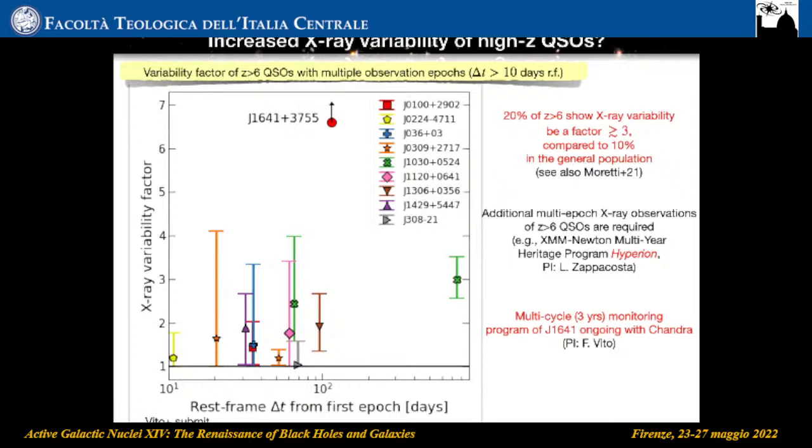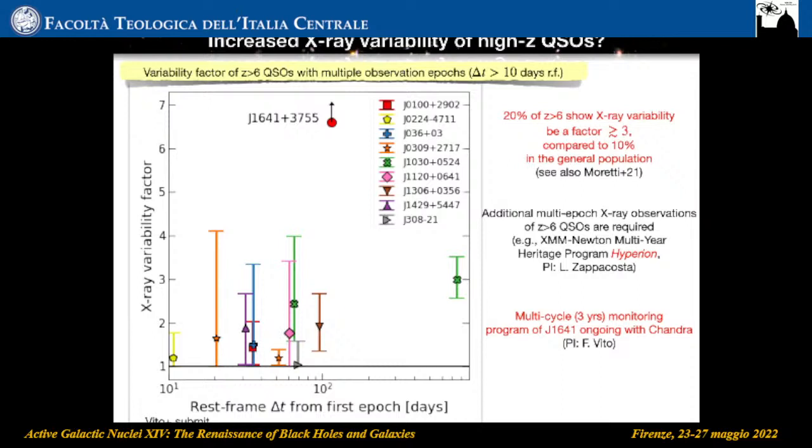So again, it's a remarkable object. So we have 2 quasars at high redshift which are strongly variable out of 10 with multiple X-ray observations, which means a fraction of about 20%, to be compared with the general population of quasars in which we see something like 10%. So this suggests that X-ray variability in high-redshift quasars is somehow enhanced.